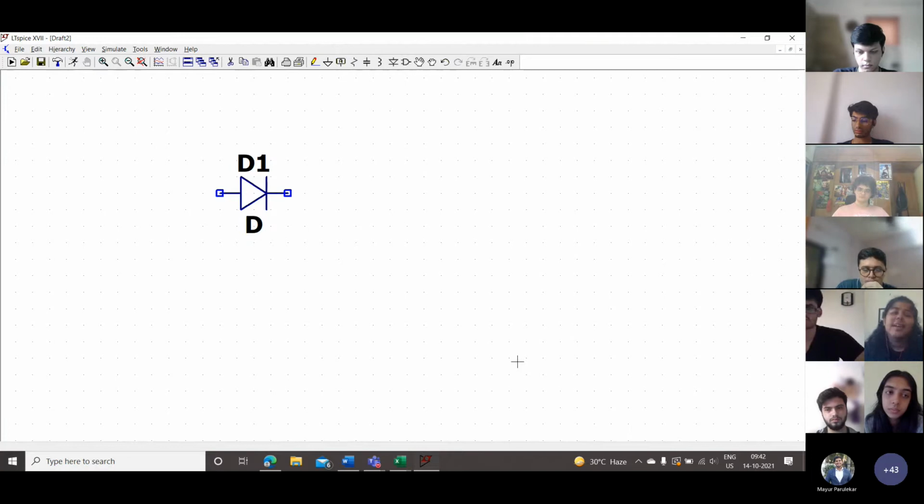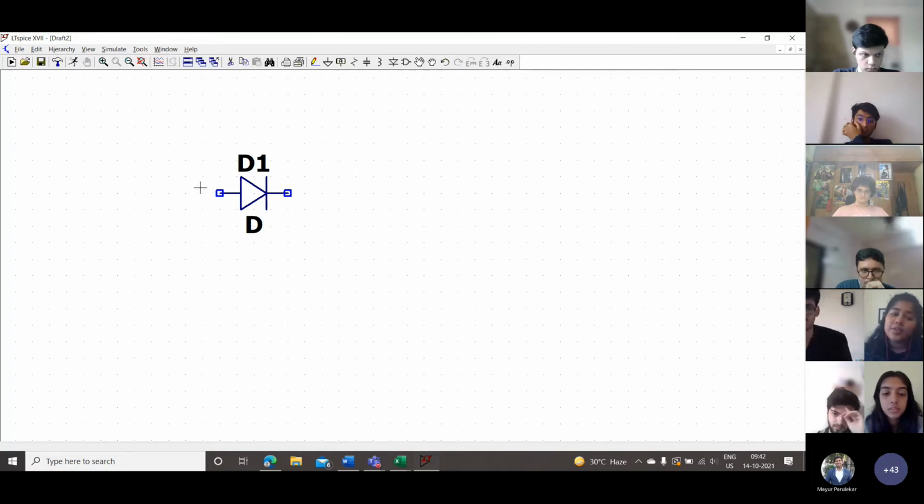Yeah, exactly. It's a diode. And as most of you know, a diode has two modes of operation. Can anyone tell me that? Come on, guys. I know you know this. Reverse bias and forward bias. Yeah, exactly. So, to be specific, the two modes are forward conduction mode and reverse blocking mode.